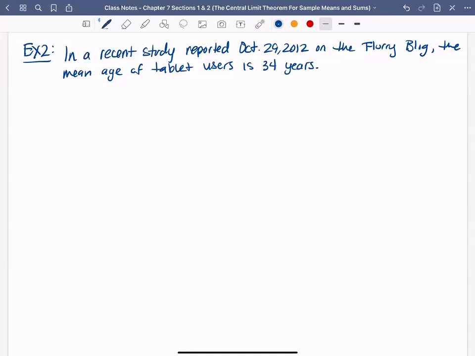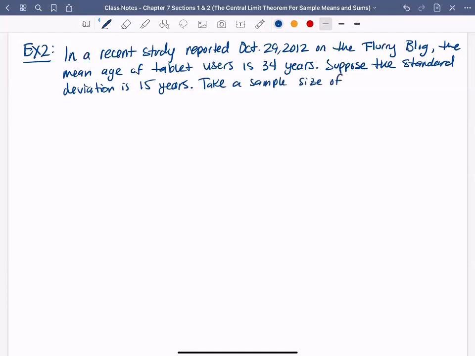Suppose the standard deviation is 15 years, and we're going to take a sample size of n equal to 100.